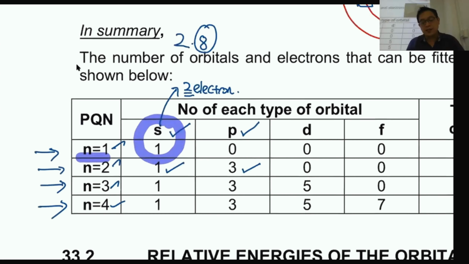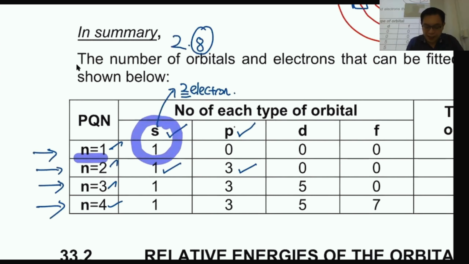This p orbital is a little bit special. It has the capability to hold 6 electrons. If you think of a house, a house has many types of rooms, right? Got 1 room, 3 room, 5 room flat. So think of it this way.